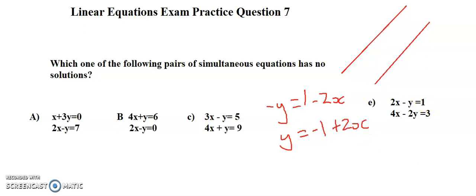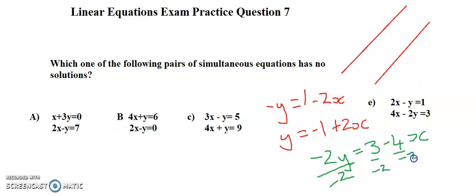If I look at my second equation, I'm going to take away 4x from both sides, and that gives me negative 2y is equal to 3 take 4x. I'm going to divide everything by negative 2.